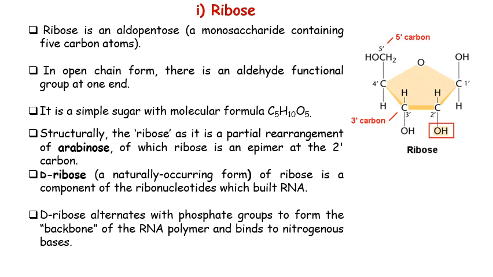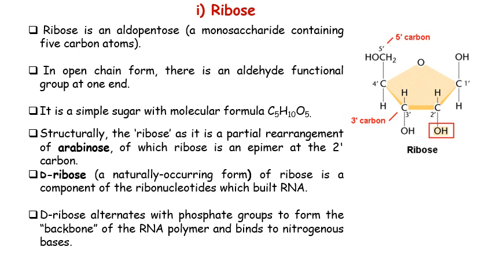Further, L-ribose is an unnatural sugar. It is not a natural form. That is why I am not very concerned about L-ribose, and we target D-ribose, the naturally occurring form of ribose.